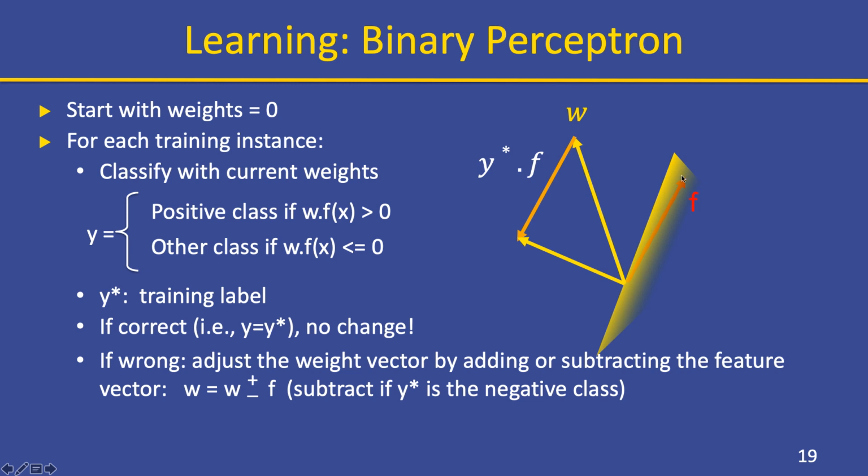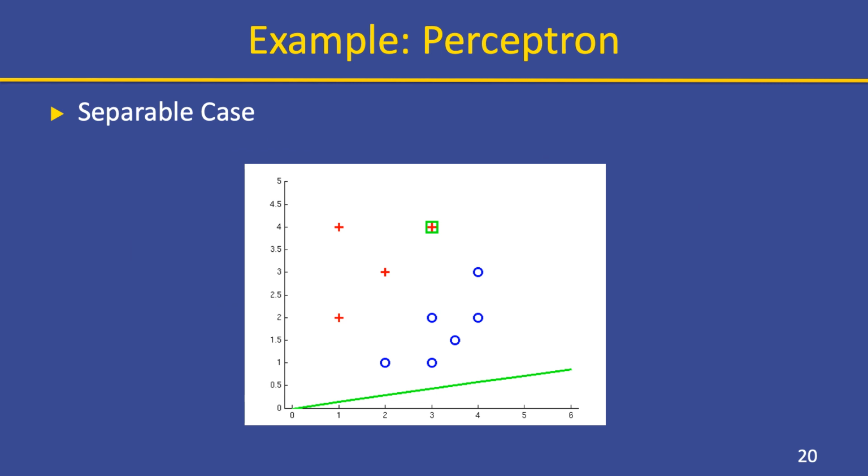So if y is negative, we end up subtracting f from w, and that pushes f into the negative region. Now, if we predicted negative and the label was positive, we add the feature vector to the weight vector.